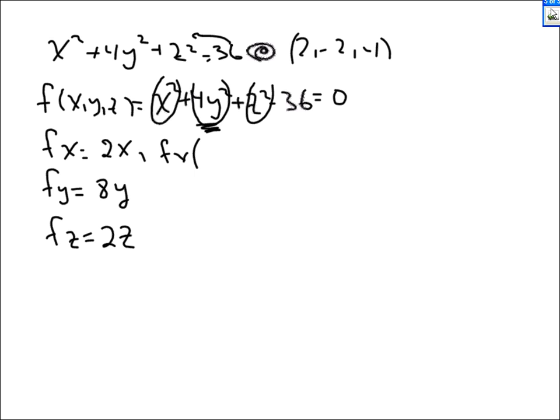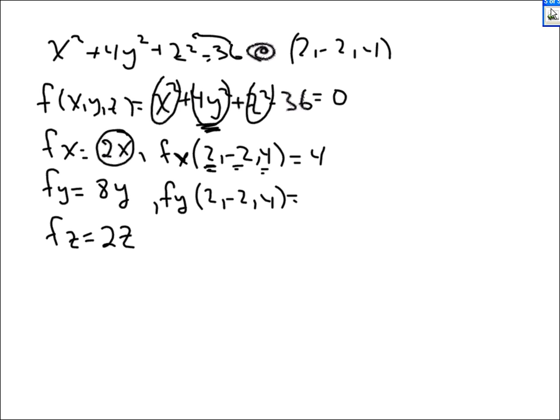But f sub x at 2, negative 2, 4: well, when x is 2 and y is negative 2 and z is 4, that's 2 times 2, or 4. F sub y at this special point is multiply 8 by the y value, which is negative 16. Multiply 2 by the z value and get 8.